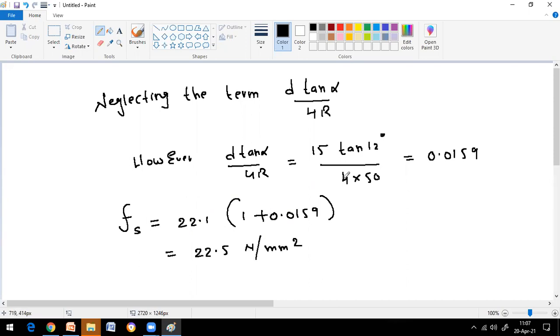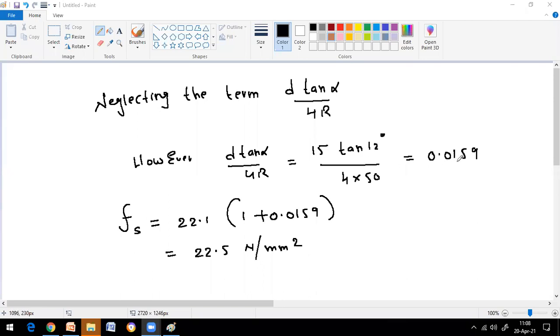So why have you calculated this? Why have you calculated the shear stress in terms of the angle of twist? Because it is an open coil helical spring, the effect of d tan alpha by 4r will be some percentage. As the problem clearly mentioned, if the axial load of 300 Newton is replaced by an axial torque of 8 Newton meter, then the angle of rotation about the axis will be different.